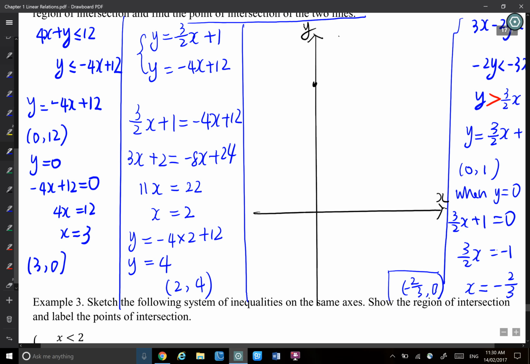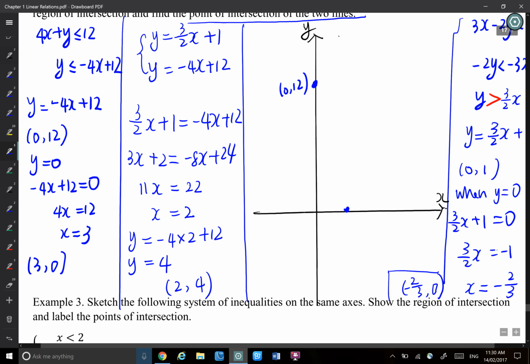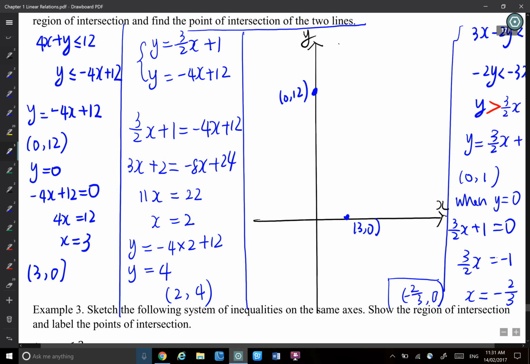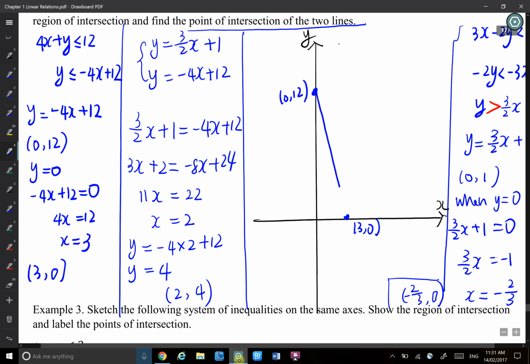First I have point 0, 12, which is here, and I have point 3, 0. This will be here, and that one needs to be a solid line because you have the smaller than or equal to. Have 0, 12 and 3, 0, which are the 2 points here, and that needs to be a solid line because y is smaller than or equal to that. So okay, let's do this line here. So we have this line.